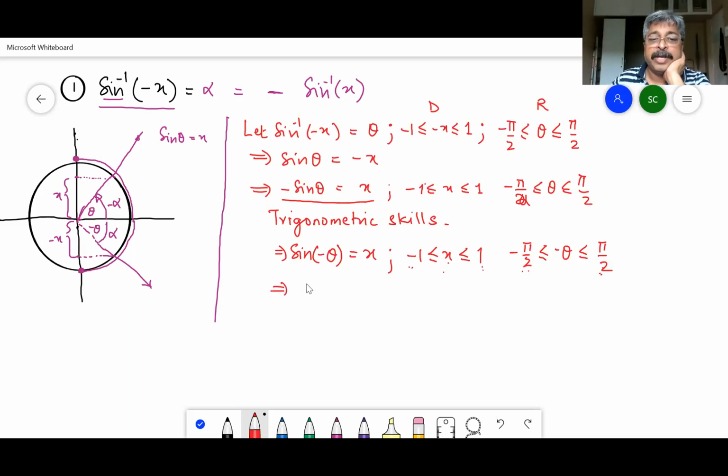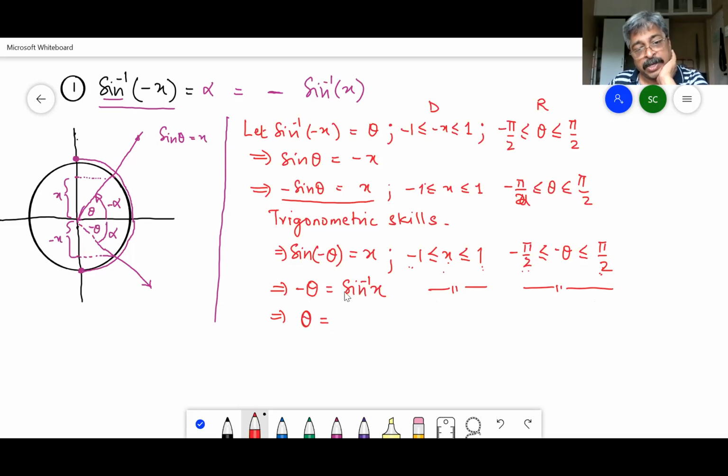Therefore here I will be able to take sine inverse, so I can invert the function saying minus theta is equal to sine inverse of x, and these two are going to remain the same because we have not done anything to them. Okay, very good. Therefore theta is equal to, now this is your algebra, minus of sine inverse of x.